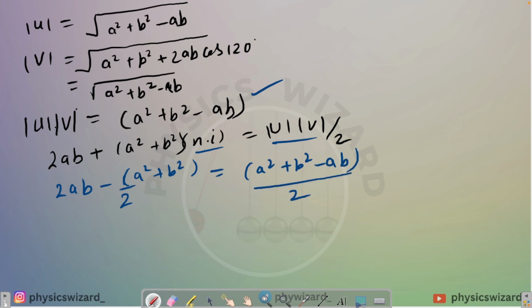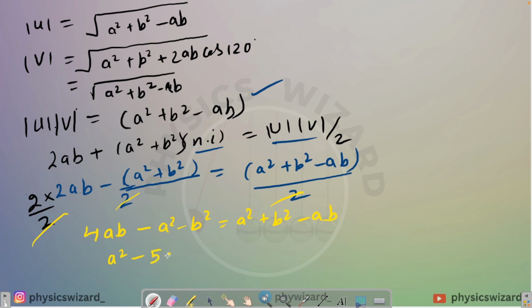So for fast calculation, we know there is 2 in the denominator in all terms except this one. So we write here 2 in multiply and 2 in divide. So 2 gets cancelled from every term, and what we get is 4ab minus a square minus b square equals a square plus b square minus ab. So finally we get 2a square minus 5ab plus 2b square equal to 0.